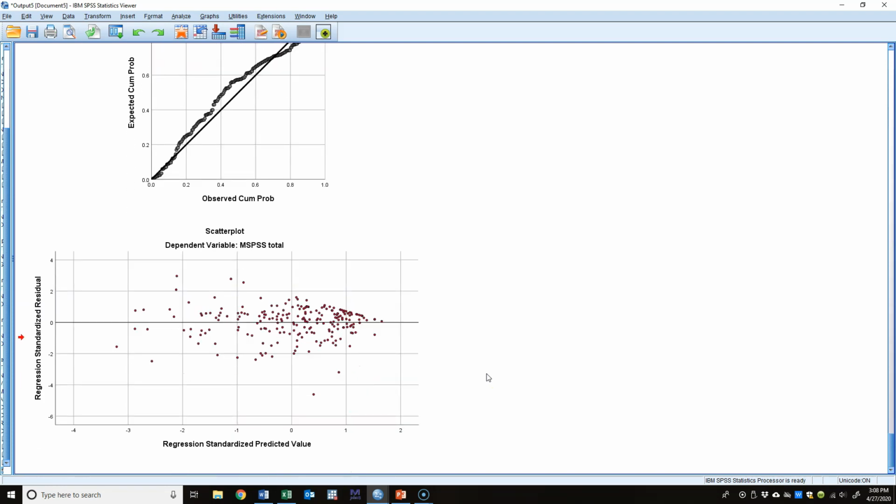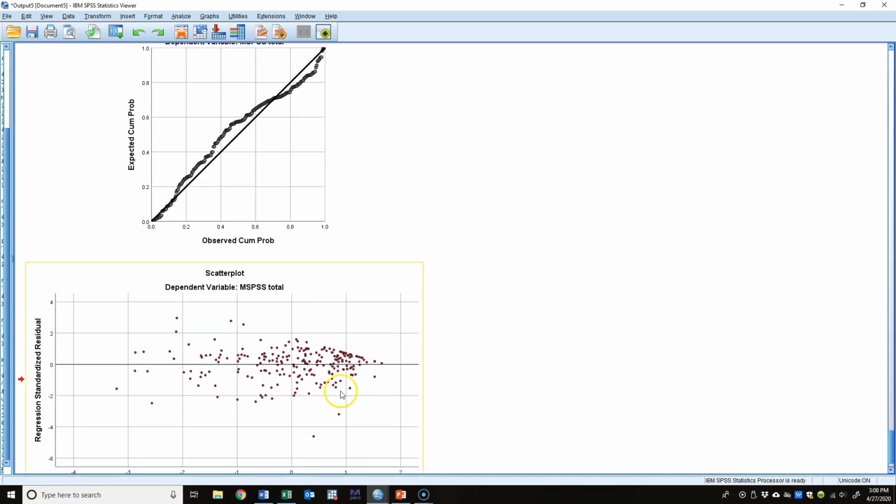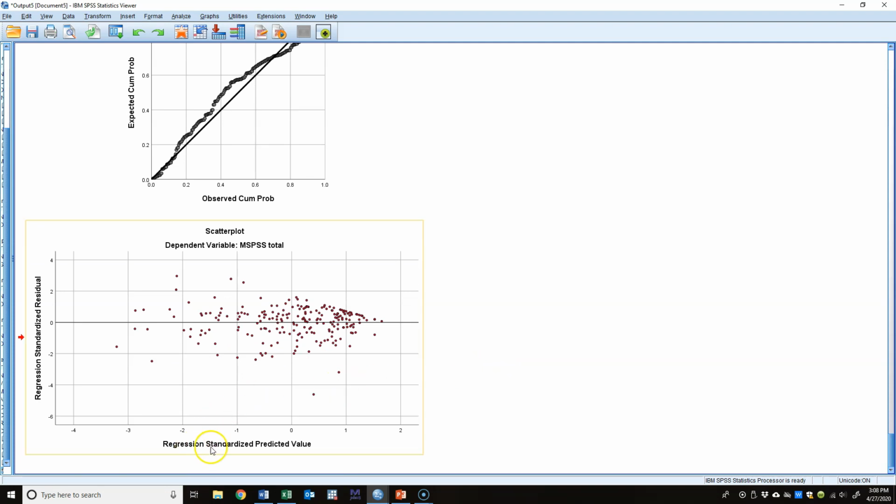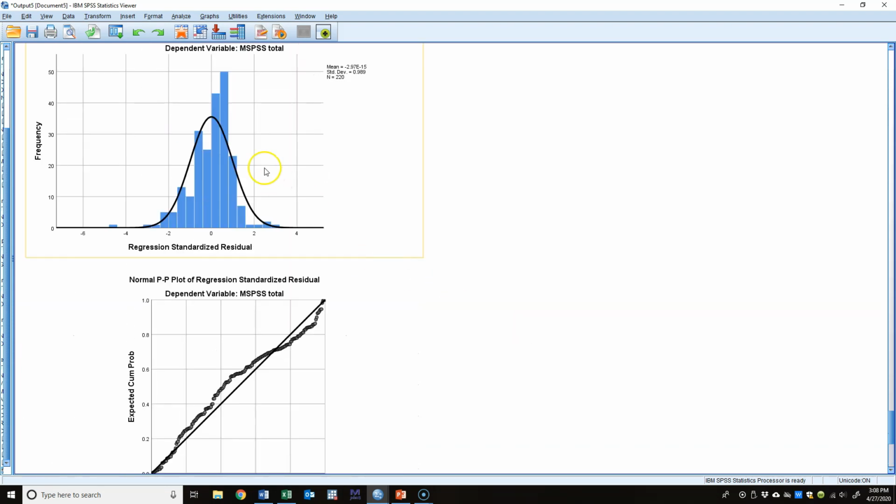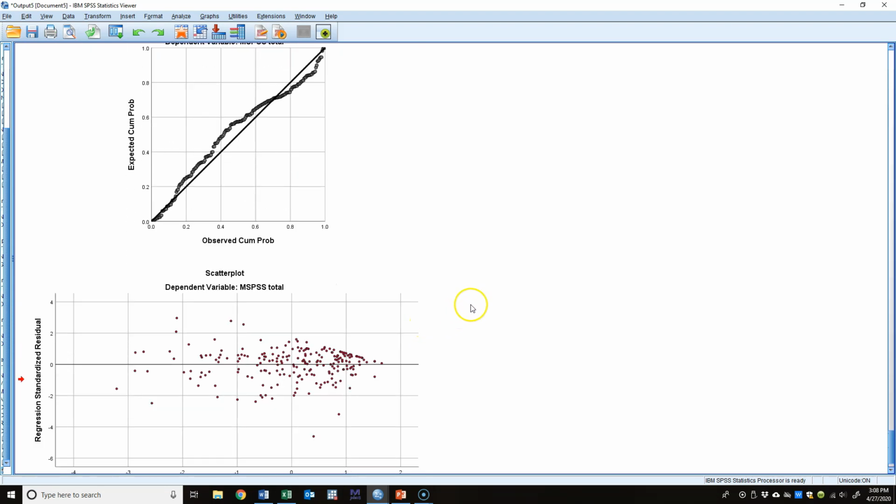Based on my residual plot, I'm not seeing evidence of nonlinearity in my residuals. My residuals also appear, both within the standardized residual plot, to be relatively normally distributed, which looks similar to what we're seeing there.